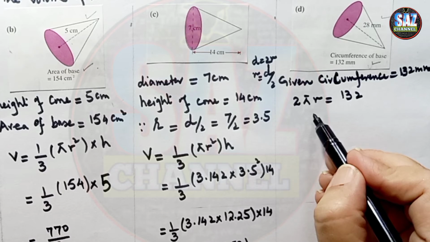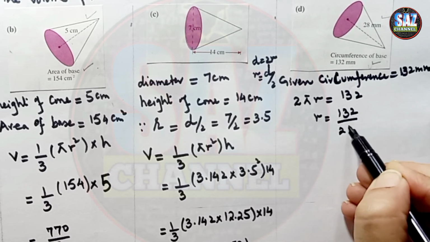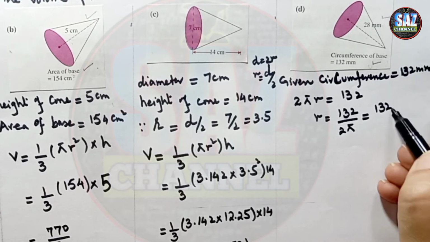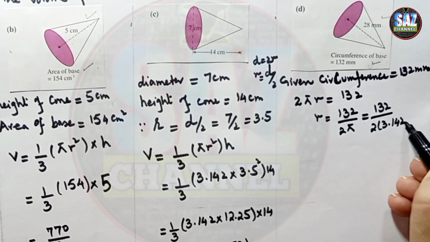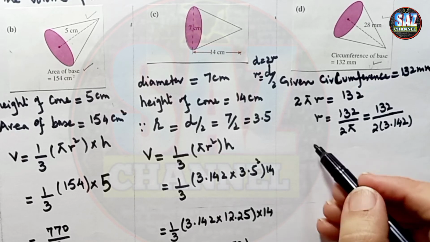This is the formula for the circumference, and this is the value of the circumference, so we can equate them, and the radius will be equal to 132 divided by 2 pi, and 132 divided by 2 into 3.142. 2 into 3.142 gives me 6.284.